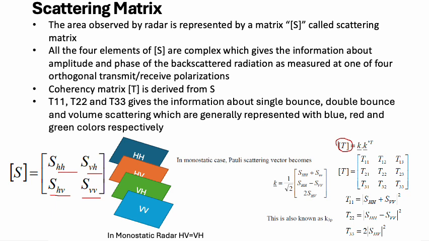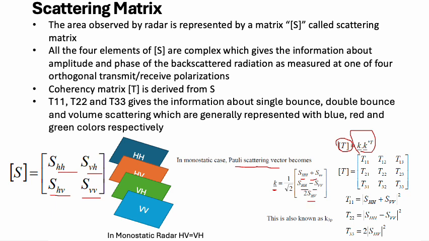T is formed from a vector known as the Pauli scattering vector, and that Pauli vector is calculated with the help of the parameters of the scattering matrix.